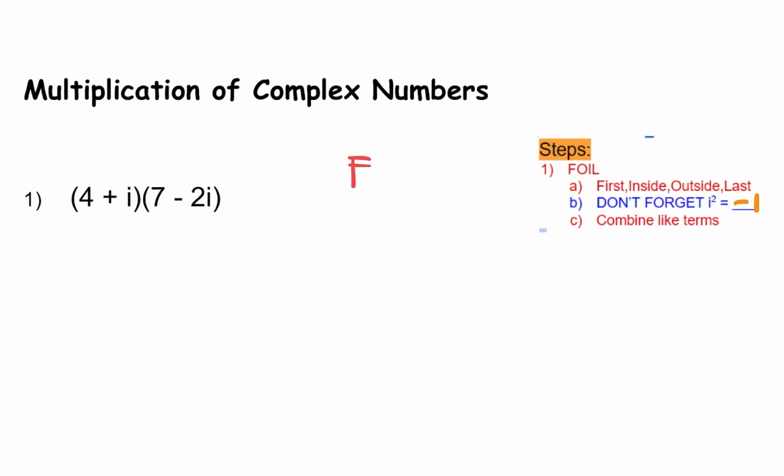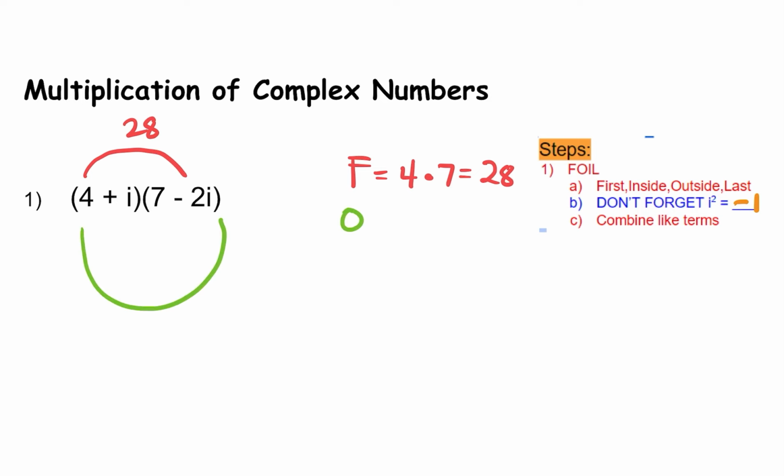F stands for first terms, and that is 4 times 7, and 4 times 7 is 28. And then O stands for outer, and that would be 4 times -2i, which is -8i.